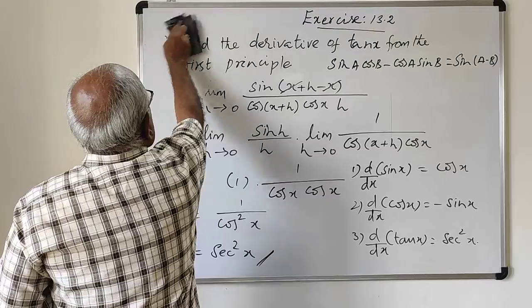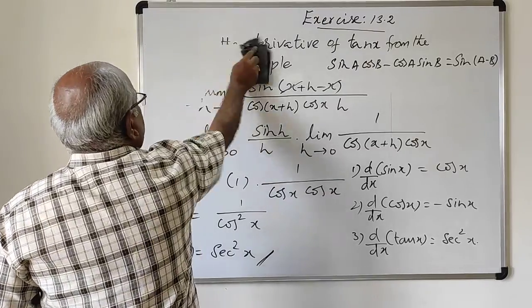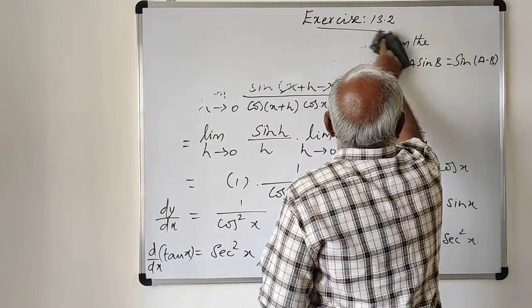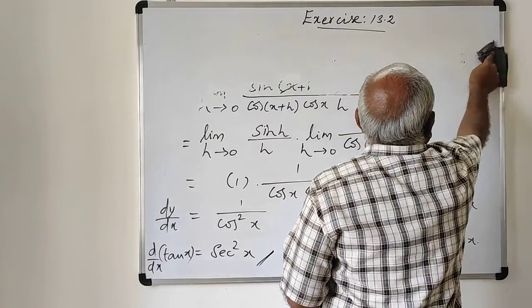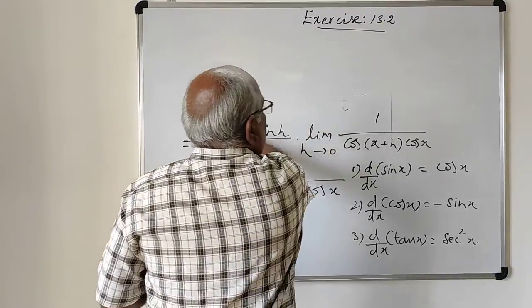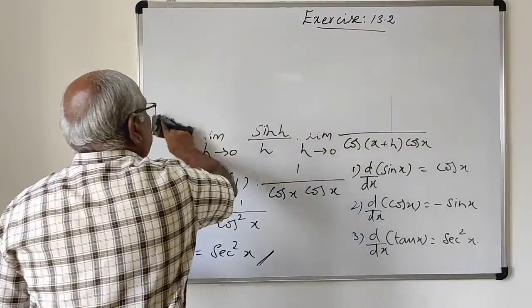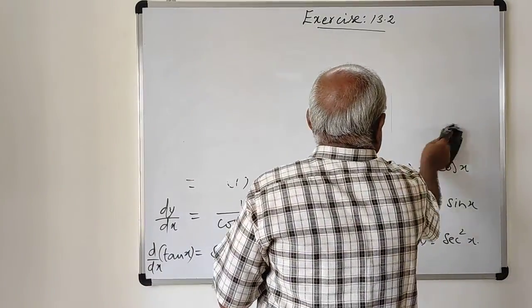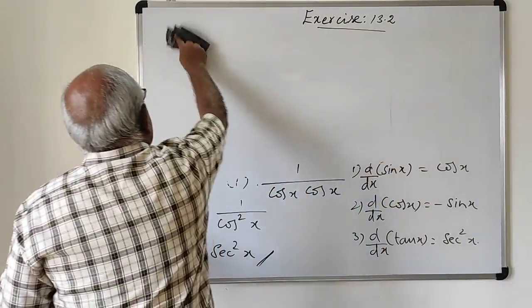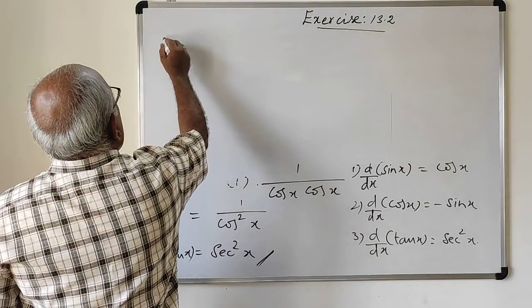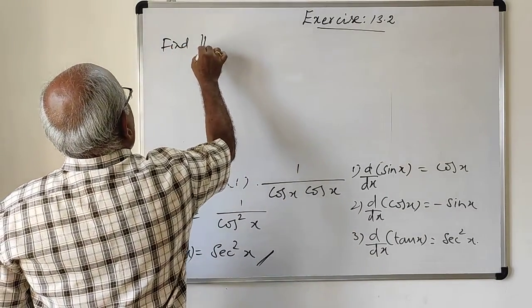We have to find out the derivative of cosecant x now. Find the derivative of cosecant x. It is not by the first principle, it is by using the differentiation rules.